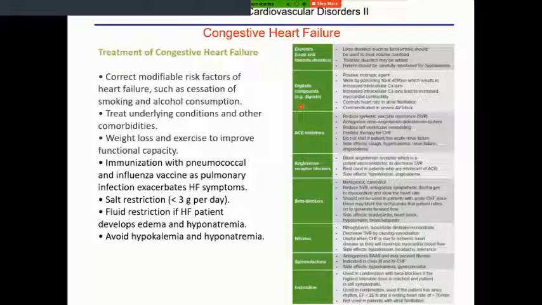You also have your digitalis compounds, which are your inotropic agents, which can strengthen the heart's ability to contract. So they work by poisoning your sodium potassium ATP system, which results in increased intracellular calcium ions. But of course, this also runs the risk of promoting cardiac arrhythmia.